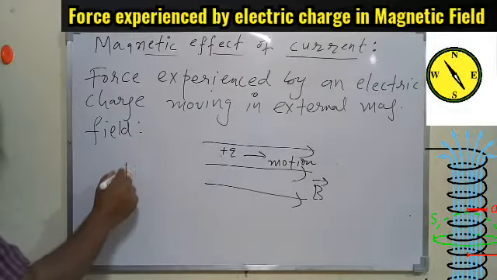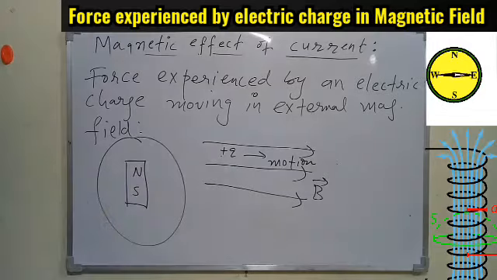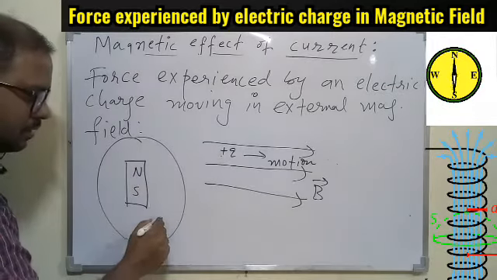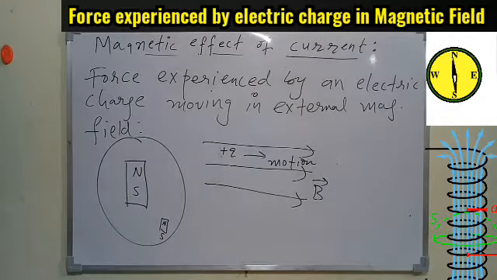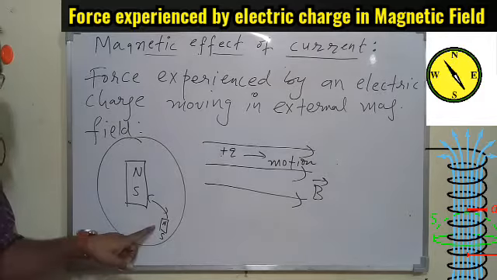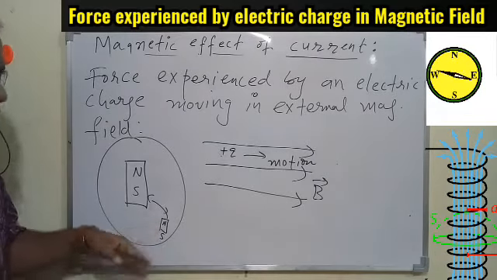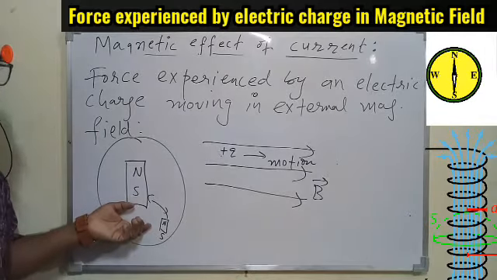For example, if we have a bar magnet with north and south, it will have a magnetic field, and if I place another bar magnet with north and south, they will attract or repel. So overall, if one magnet is placed within the magnetic field of the other, they will start interacting with each other.